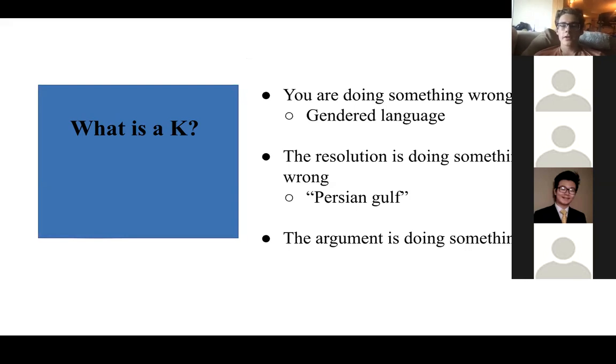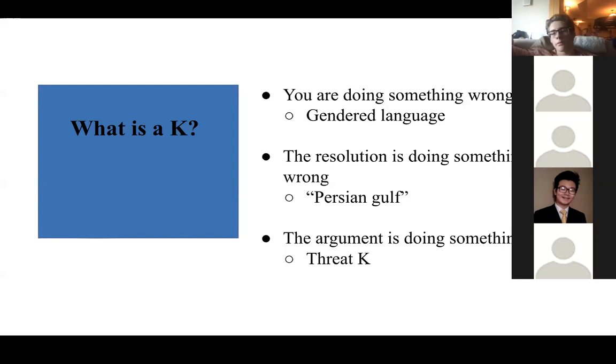The next one is that the argument is doing something bad rather than the actual resolution itself. Let's say you're on a topic where you're running some sort of conflict scenario and presenting an argument as to why, if we do the resolution, it'll lead to an uptick in conflict in XYZ area.